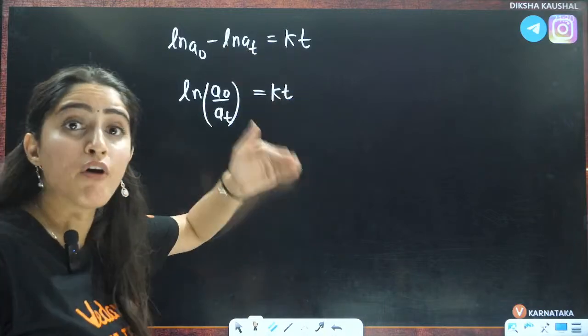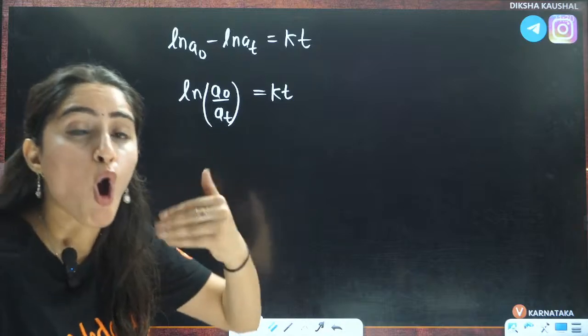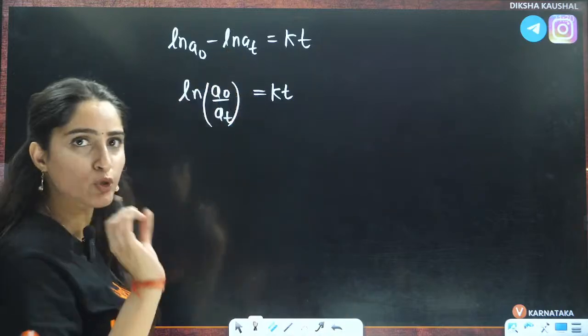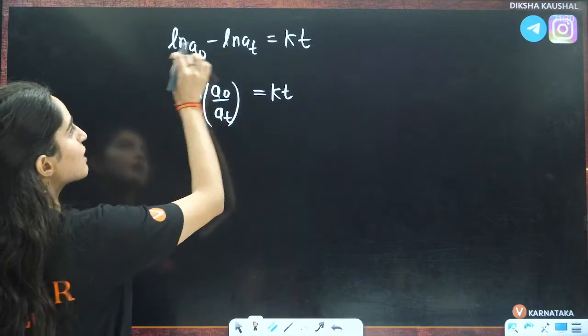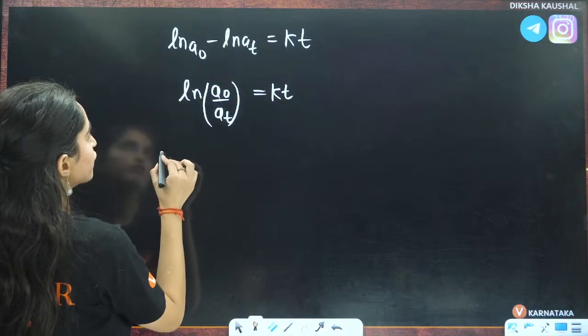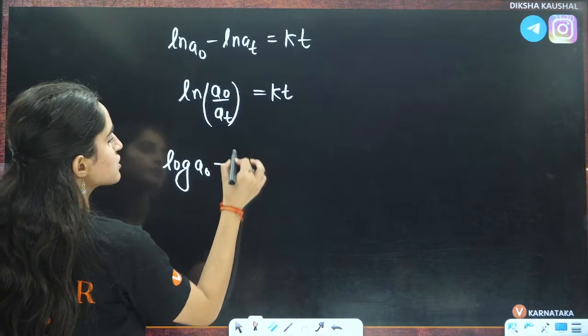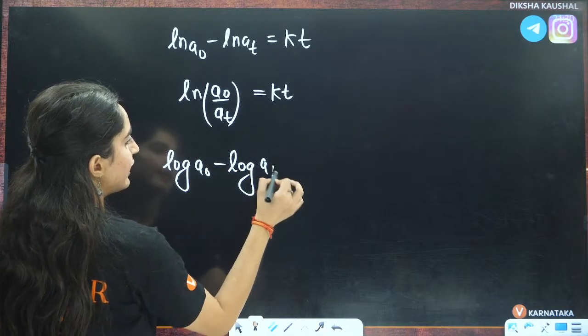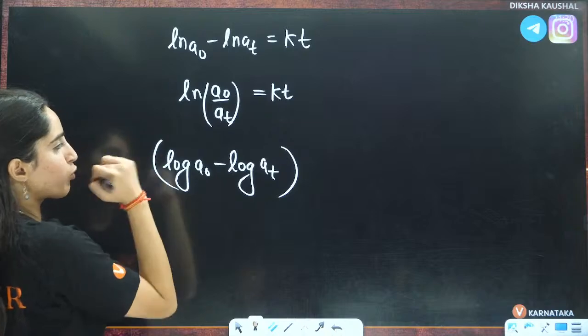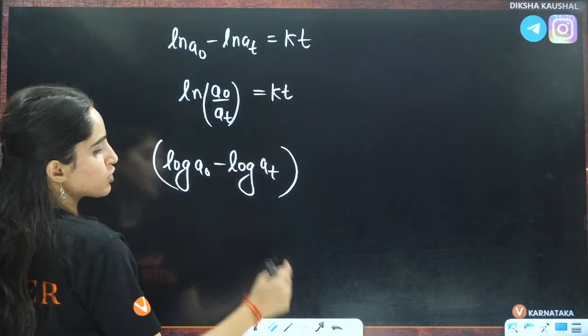If you want to convert natural log into log base 10, you will multiply by 2.303. So I'll multiply this by 2.303. It will become log base 10 A naught minus log base 10 At, and I'll multiply this by 2.303. It will come in division over there, right?